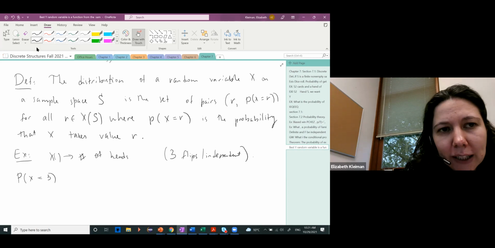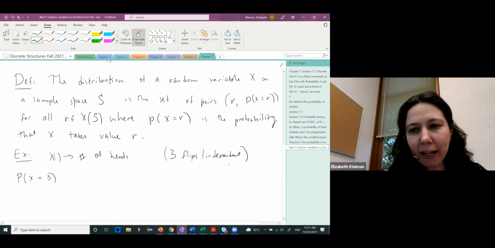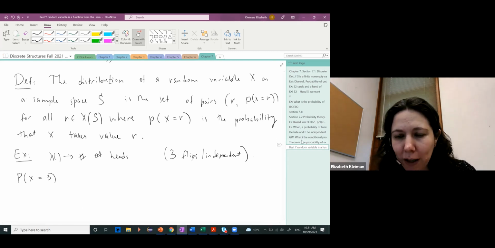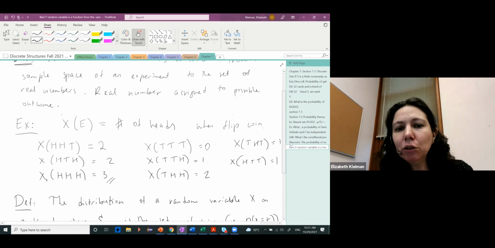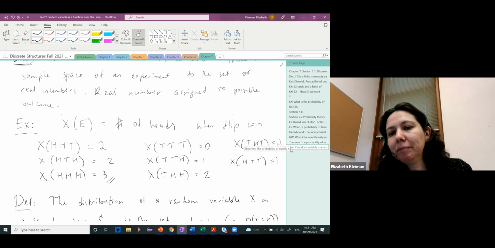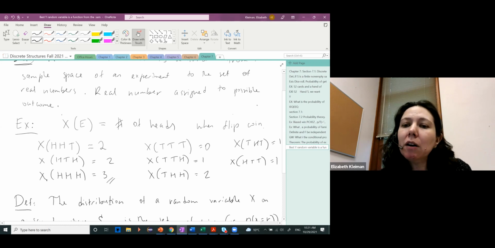I'm sorry it's not writing for me, but that should be 1 over 8. And before I let you go, one more. What is the probability the variable is 2? 3/8. Correct.